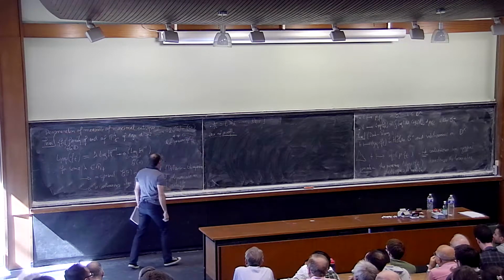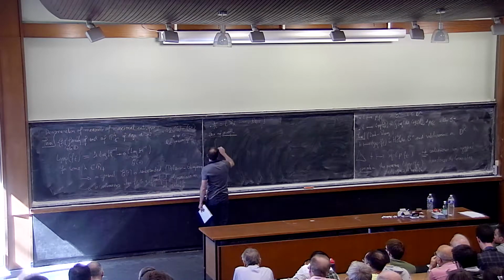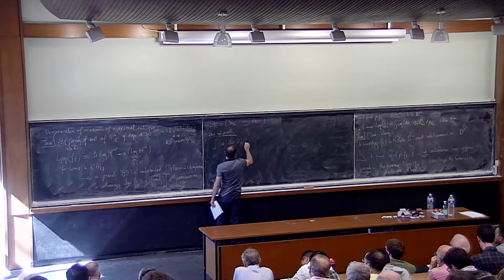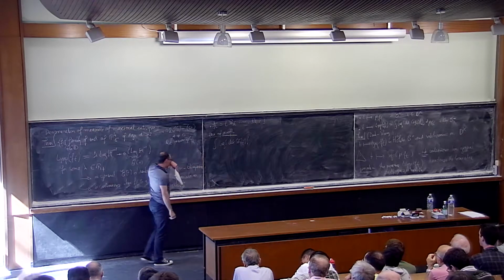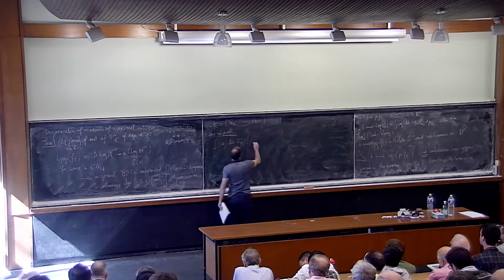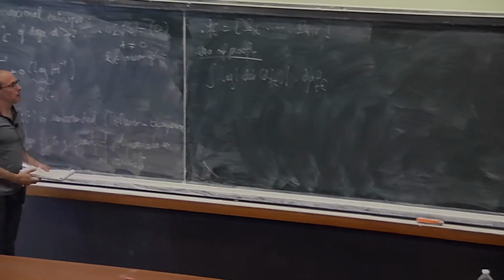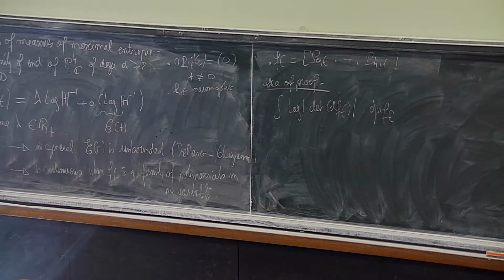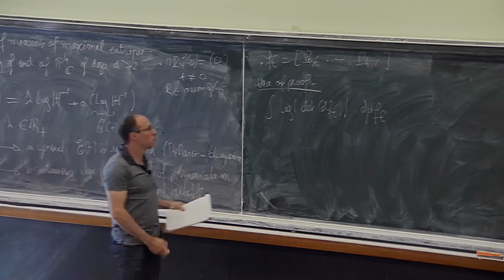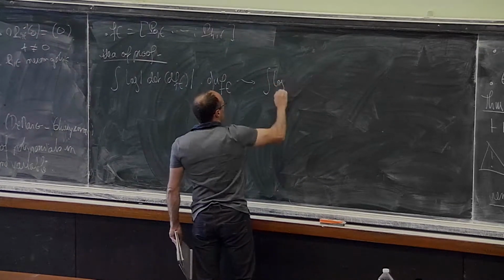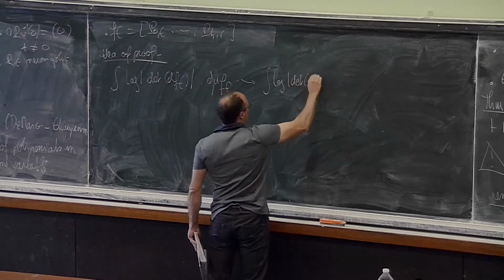So you want to understand the following quantity: the log of the determinant of the differential with respect to the invariant measure of f_t. And since the invariant measure is defined as a limit of smooth forms, in fact, you reduce to understanding the following type of integrals.